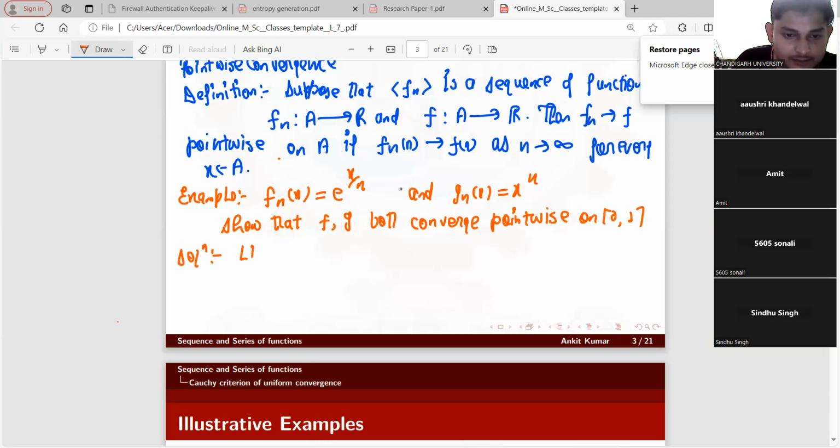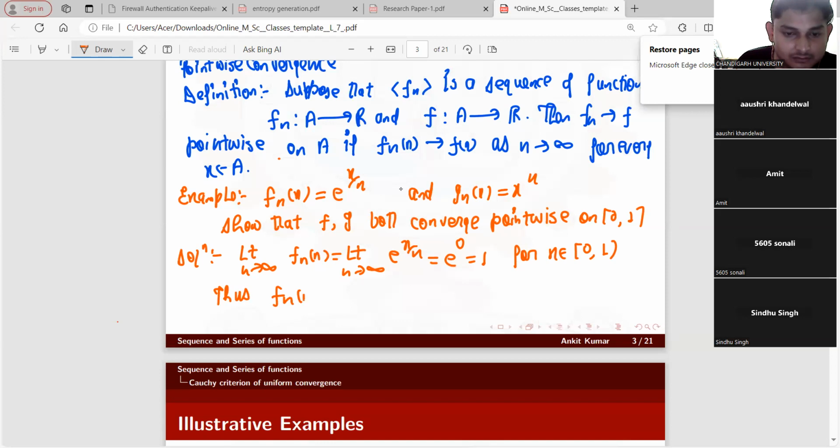So the limit as n tends to infinity of Fn(x) is equal to the limit as n tends to infinity of e to the power x by n, which is equal to e to the power 0, which is equal to 1, for x belonging to [0, 1]. Thus Fn(x) converges pointwise to F(x) equal to 1.